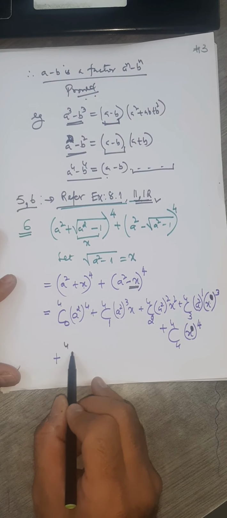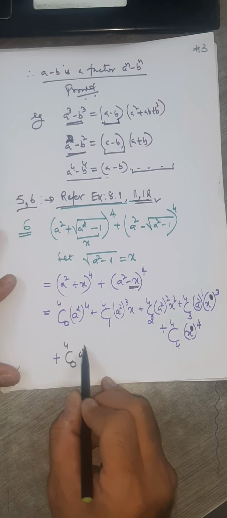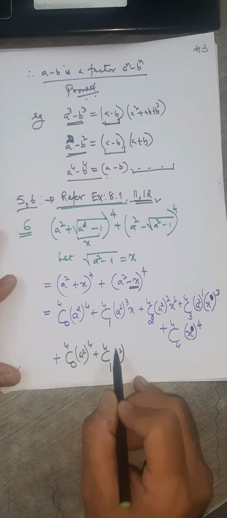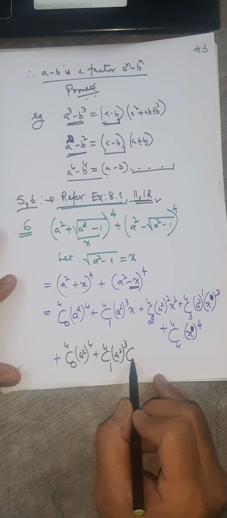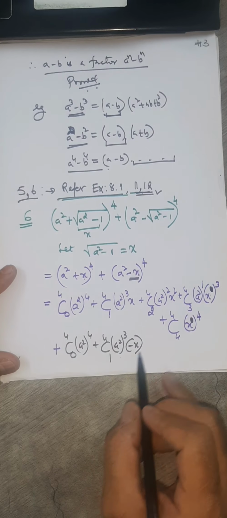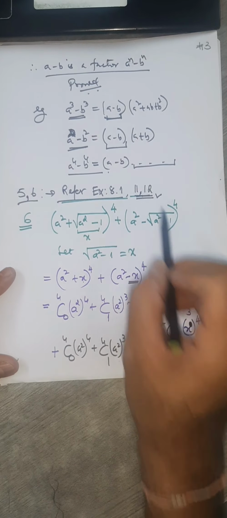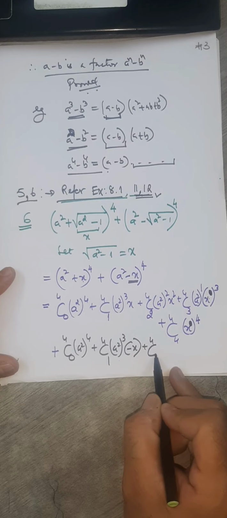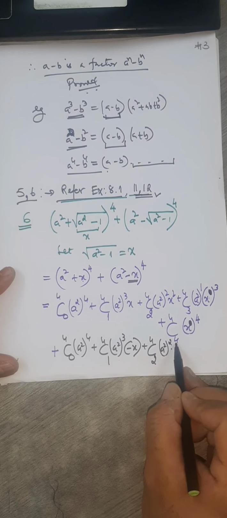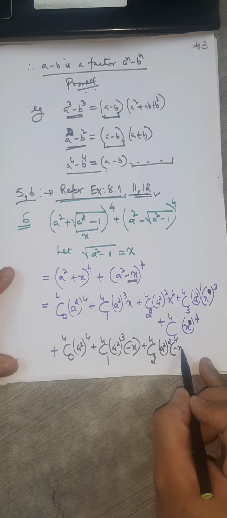Now what about this? 4C0, (a square) raised to 4, 4C1, (a square) whole cube into minus x, remember. So this term and this term will get cancelled. You can see both are same. That's what you did in these two questions. 4C2, (a square) the whole square into minus x the whole square.